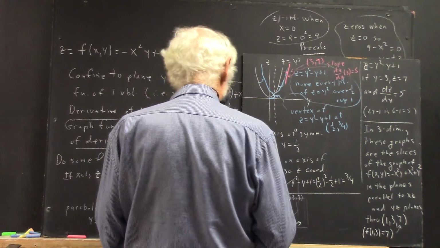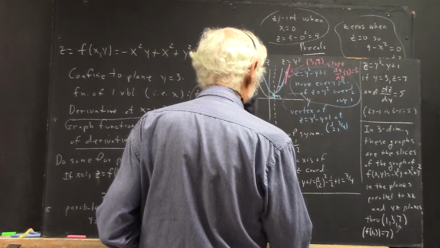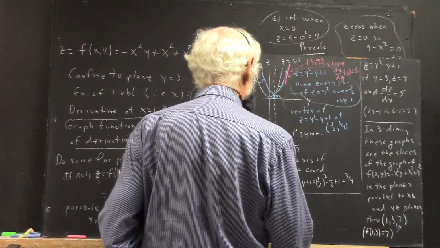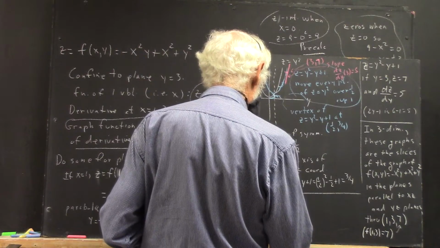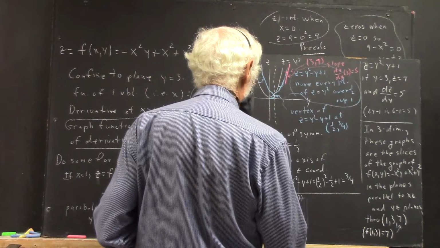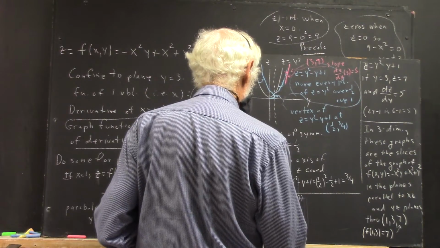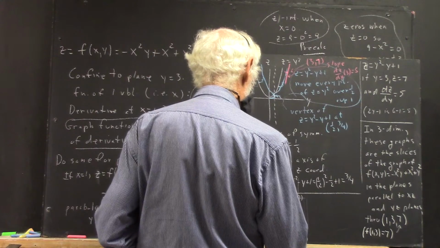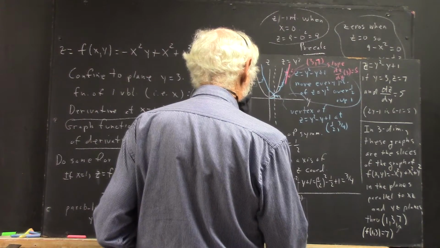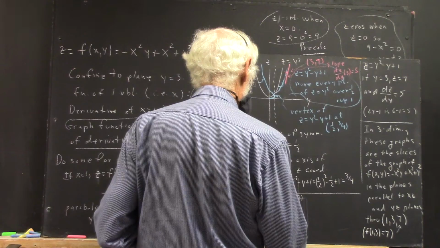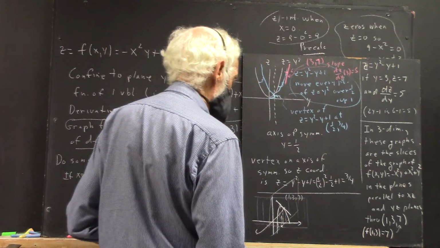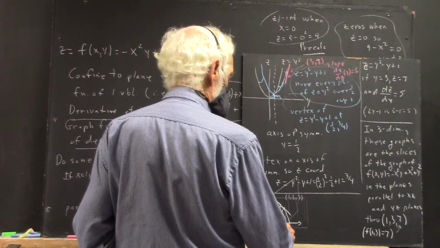Picture's gonna get a little messy, but we're gonna do it anyway. In the yz plane, your vertex would be down here, over half a unit and up 3/4 of a unit from the origin, which has been translated to this point.